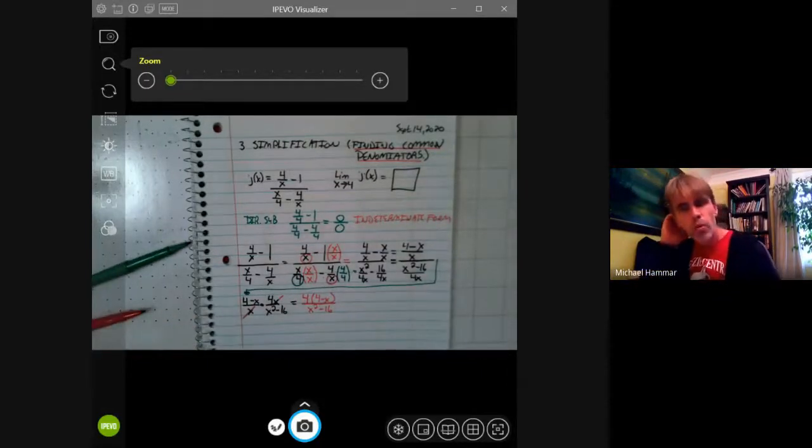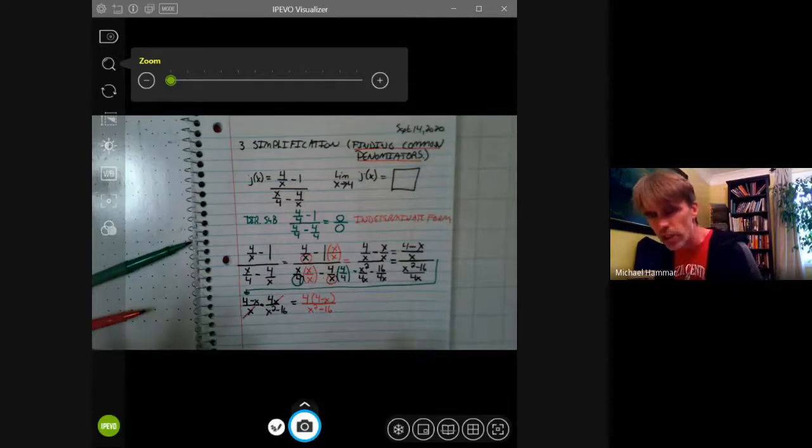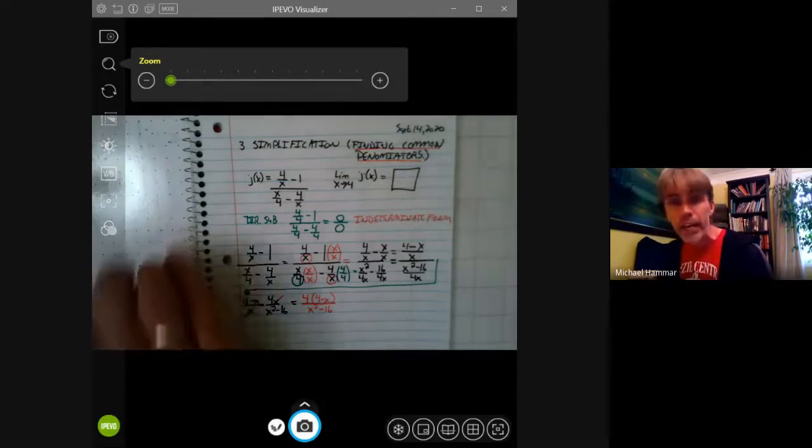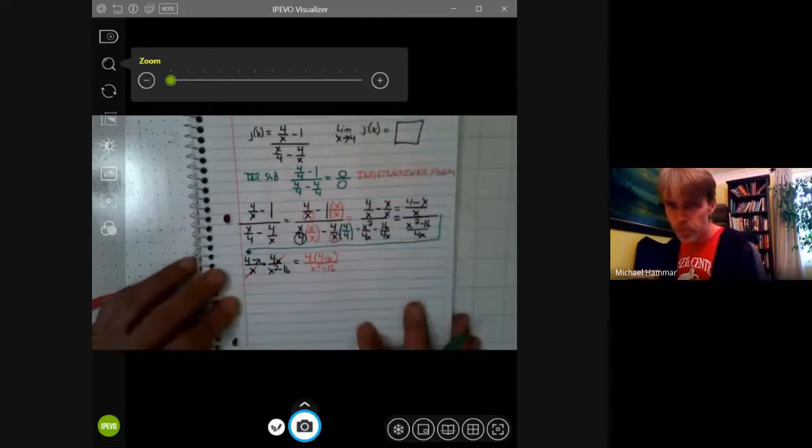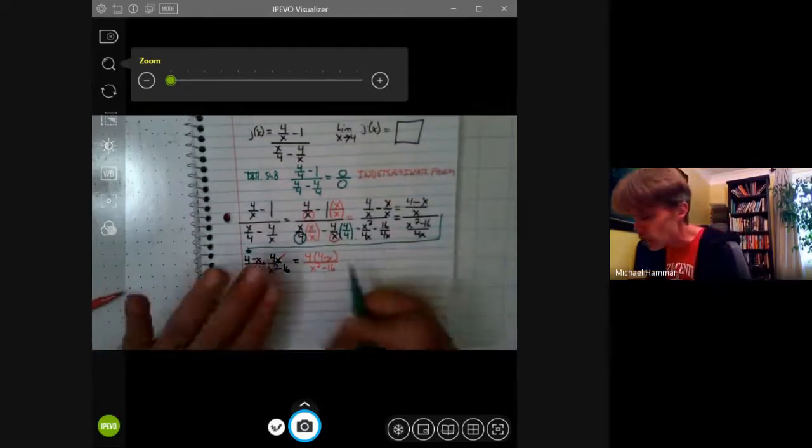Okay? Now, we could keep simplifying this, but what I would like to do at this juncture is a direct substitution to see if I get a value. If I get a value, then I'm done. If it still turns out to be 0 over 0, then I need to keep simplifying it more. So I'm going to try now at this juncture to find the limit.